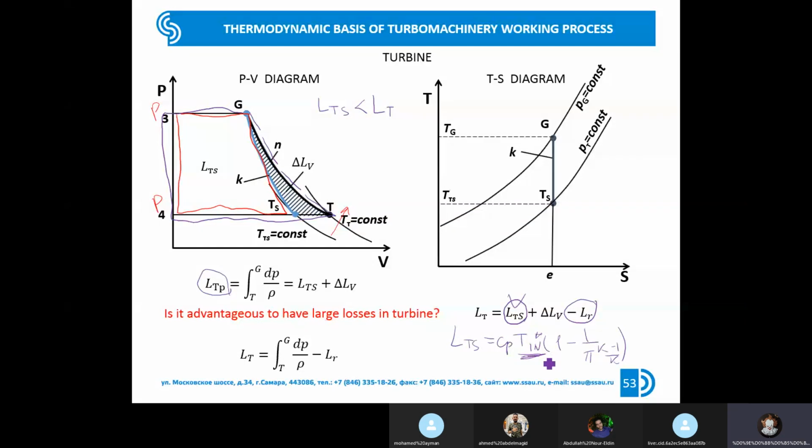So delta LV here is the additional specific work which we extract from the process because we are receiving more heated gas. And it's a really very interesting moment. I know one comparison to explain it. It's like bank cashback.